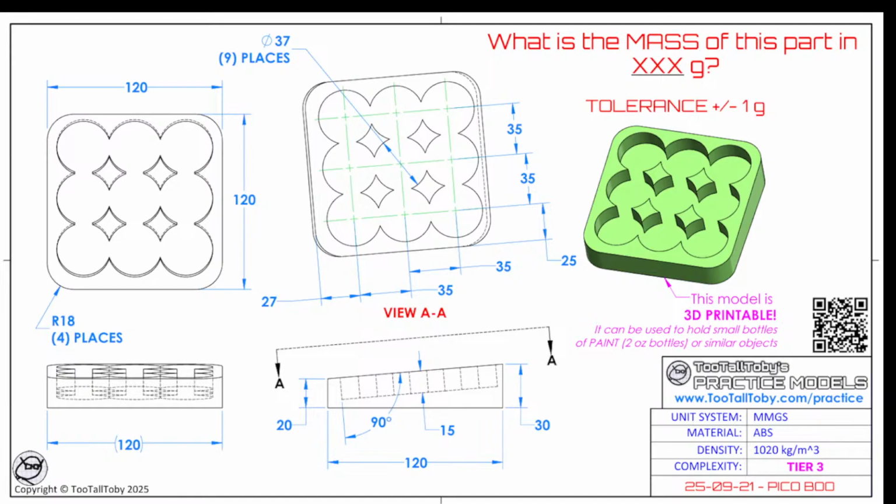Guys, this is a part that can be 3D printed. It could be used to hold small paint bottles, like 2-ounce bottles or similar size object. Of course, if you're using a different object, you can 3D print it, but you can change the size of the holder spaces.